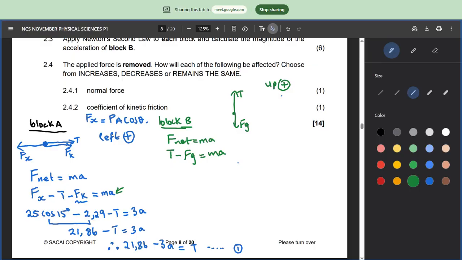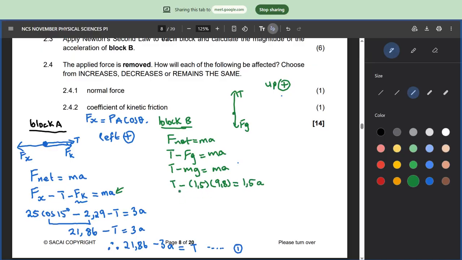This is the same as saying T minus MG equals MA. Then you do your substitution: tension minus the mass of 1.5 times the gravitation, that's 9.8, equated to the mass of 1.5 times A.